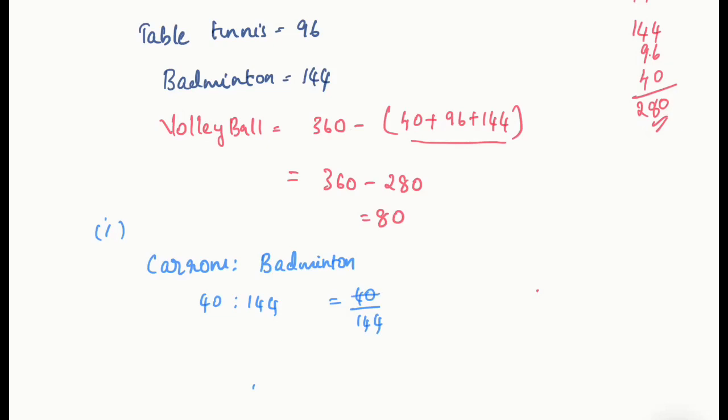Okay. So you can divide it by 4, right? 40 divided by 4, how much do you get? 10. And 144 also in a similar way you can divide by 4. 144 divided by 4.